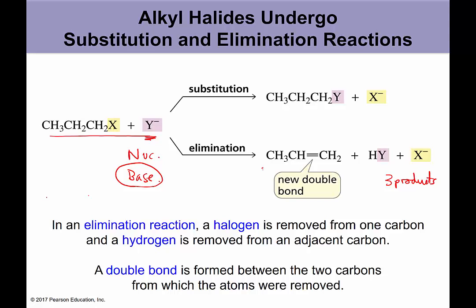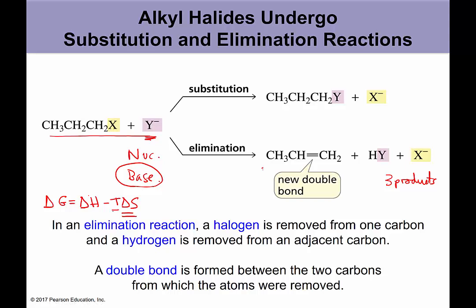And if you remember from your Chem 1B, the free energy, delta G, is equal to delta H minus T delta S. Delta S is the entropy term, and for elimination reactions that tends to be positive because of the formation of three products from two reactants.